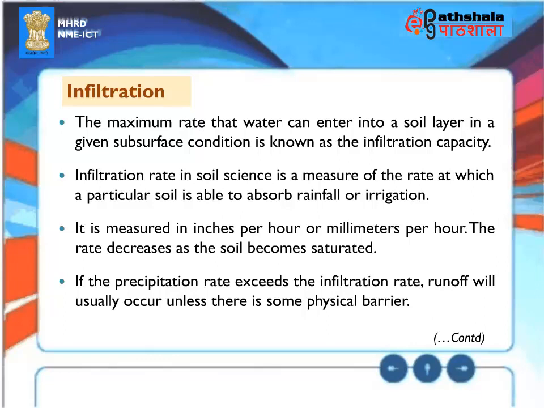Infiltration rate in soil science is a measure of the rate at which a particular soil is able to absorb rainfall or irrigation. It is measured in inches per hour or millimeters per hour. The rate decreases as the soil becomes saturated. If the precipitation rate exceeds the infiltration rate, runoff will usually occur unless there is some physical barrier.